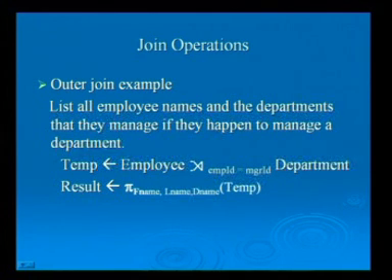In doing that, we use this outer join to join employee and department with the manager ID, and the feature is that if the employees do not manage any department, that can be indicated with a null value. So you get this temp relation, and then you project the first name, last name and department name from the temp relation.